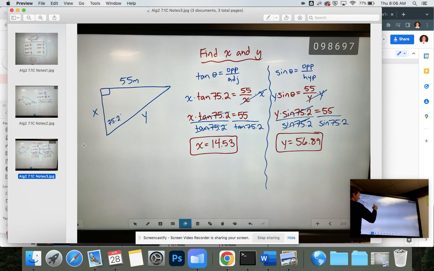Now we have x times tangent of 75.2 equals 55. Does this make sense so far? Okay. We're still trying to get x by itself. What's the opposite of multiplication? Divide. So let's divide both sides by tangent of 75.2.